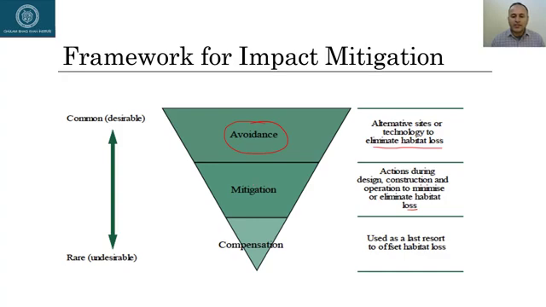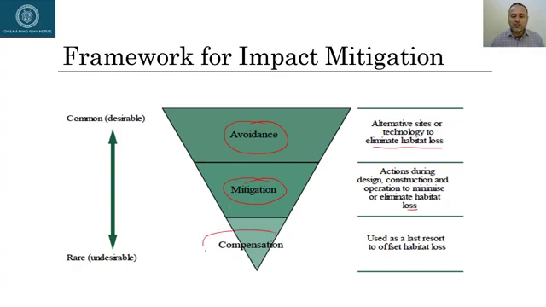So yes, you identify habitat loss, you acknowledge it, but now you try to provide some mitigation strategies. Avoidance is not an option, so you are trying to mitigate it now. In other words, you are trying to minimize its impact.